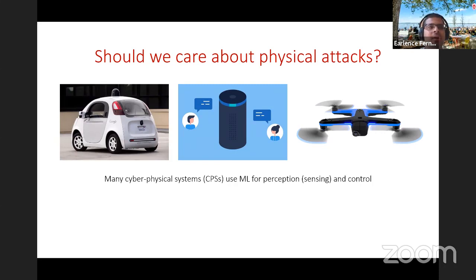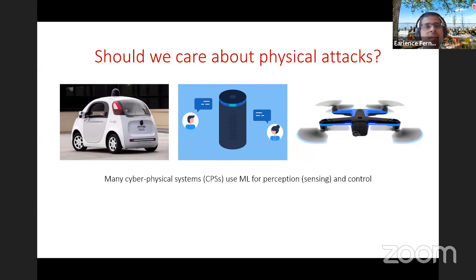One of the driving questions in our work, and I presume in a lot of the concurrent work at the time, is that we are seeing many of these machine learning models being used in cyber physical systems like cars, voice assistants, and drones. We find that they're being used in pretty critical aspects.